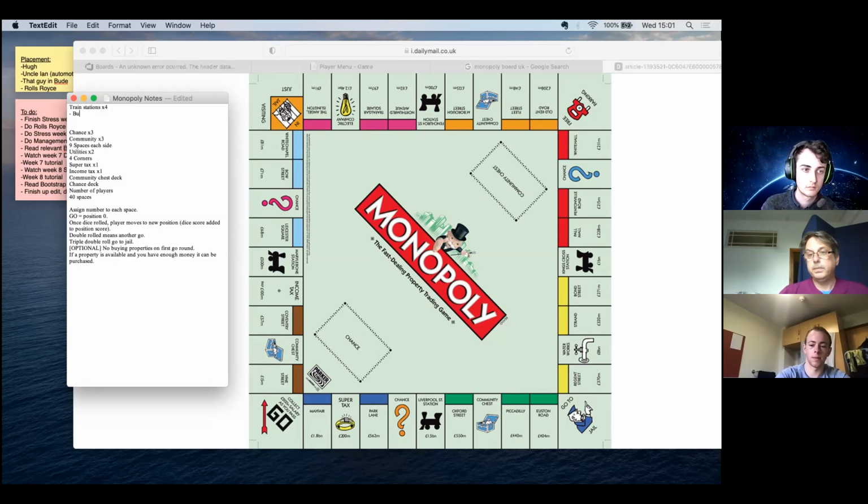So if we're modelling a train station, it'd be useful to know if it is purchasable, which means it is available, and you've got enough money. Yeah. Okay. Is that right? I think so. Yeah. Okay, that's good.